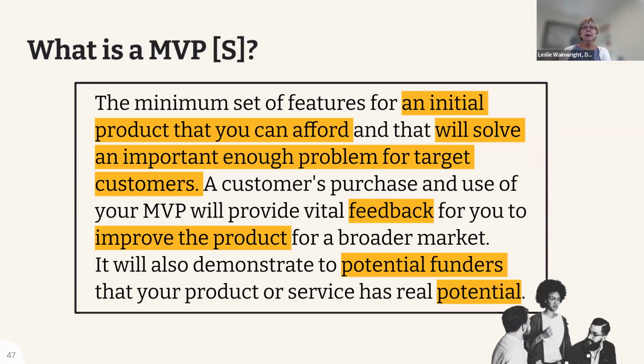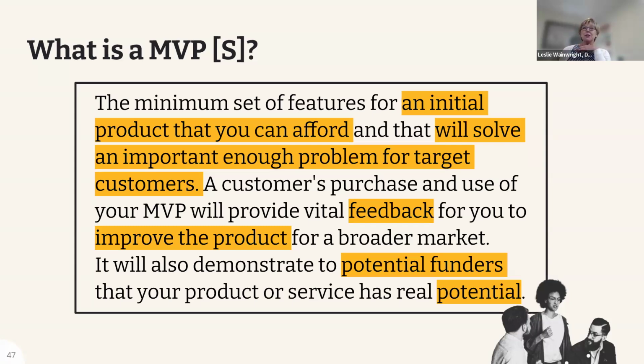So when we think about a minimally viable product or solution, it's an initial product that a consumer and a stakeholder can afford, that solves an important enough problem for that target audience. By their using it or purchase of it, they'll get vital feedback, which allows for some iterative improvement. So it's then more applicable to a broader market.